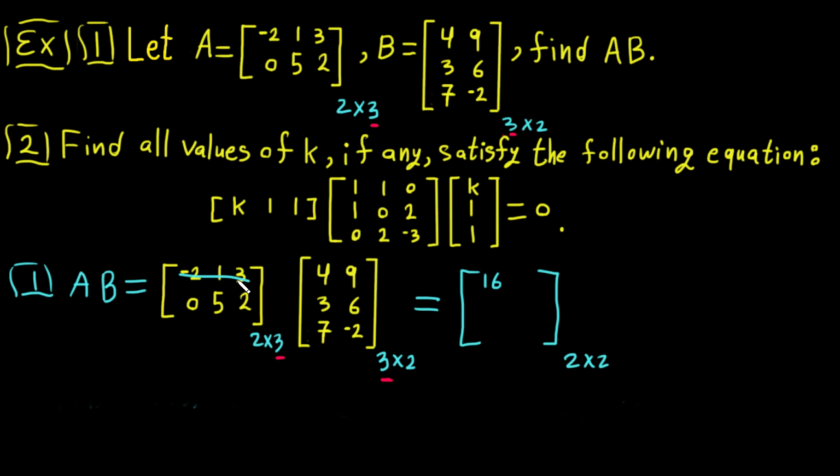Now we are multiplying this row by this column to find this element here. So minus 2 multiplied by 9, plus 1 multiplied by 6, plus 3 multiplied by negative 2.